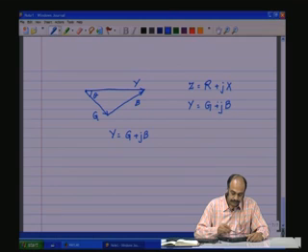If there is a capacitive reactance, that has a negative sign, minus J X C, a capacitive susceptance.